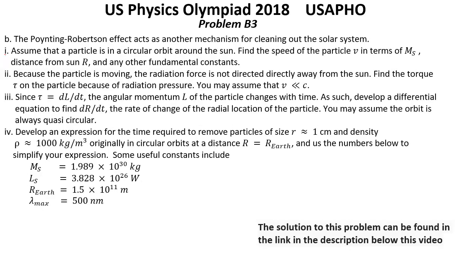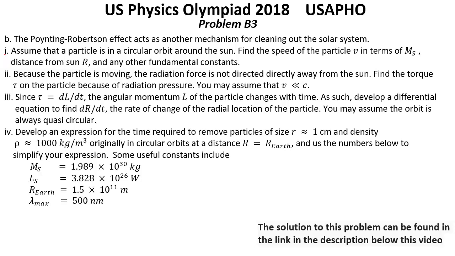Part B. The Poynting-Robertson effect acts as another mechanism for cleaning out the solar system. I. Assume that a particle is in a circular orbit around the Sun. Find the speed of the particle v in terms of Ms, distance from the Sun r, and any other fundamental constants.